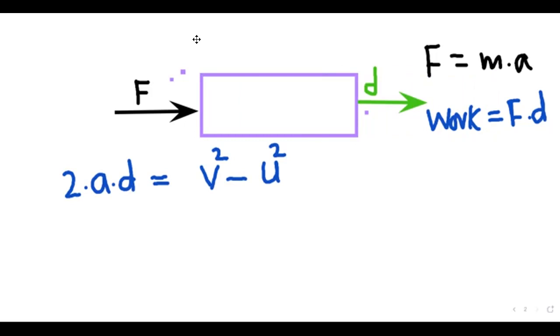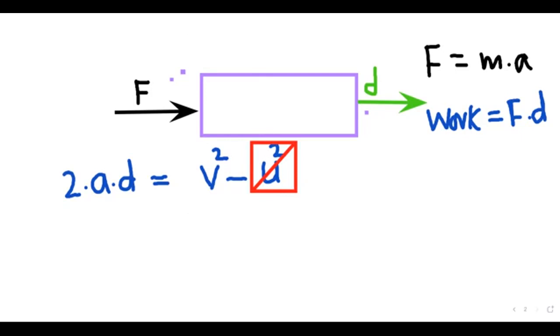If we rearrange, you know that the object was in a state of rest, so its initial velocity or starting velocity is 0. So we can ignore this part because the object was initially at rest, so this term would be 0.